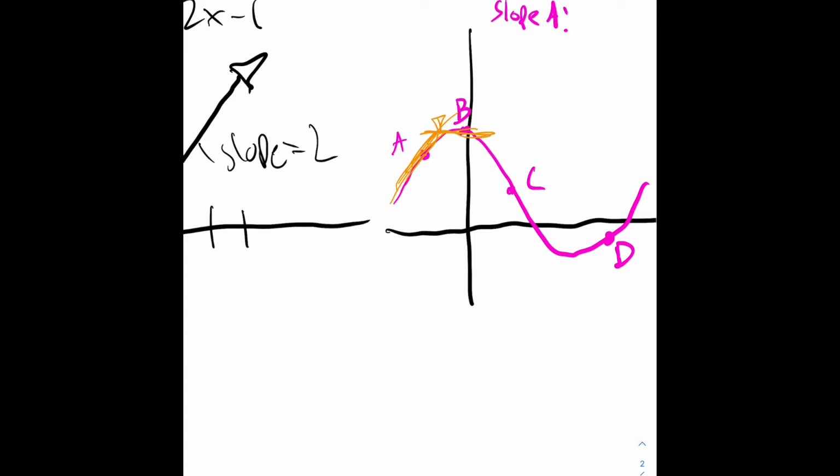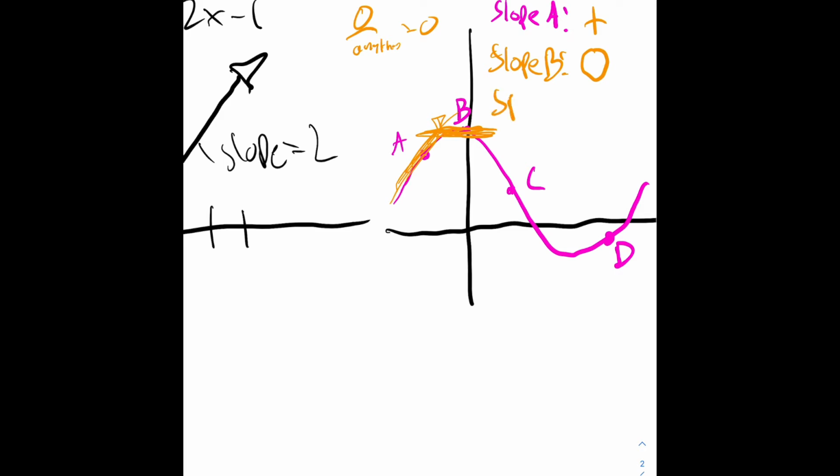If I look at the slope of B, that tends to be more neutral, or if our graph levels out like that, there is no rise. If it's a horizontal line, it has no rise over run. There's no rise, which means 0 divided by anything equals 0. So when we get these flat points, that means that our slope is going to be 0.